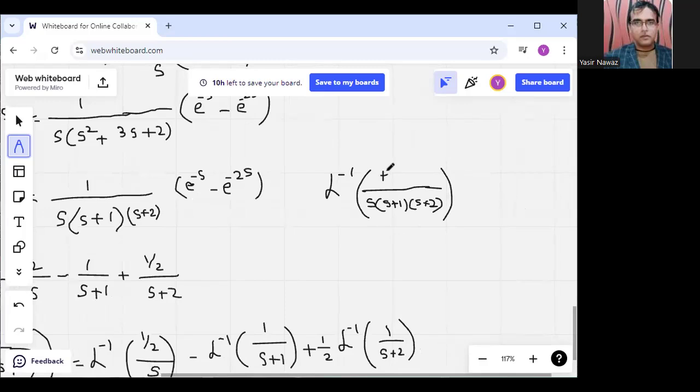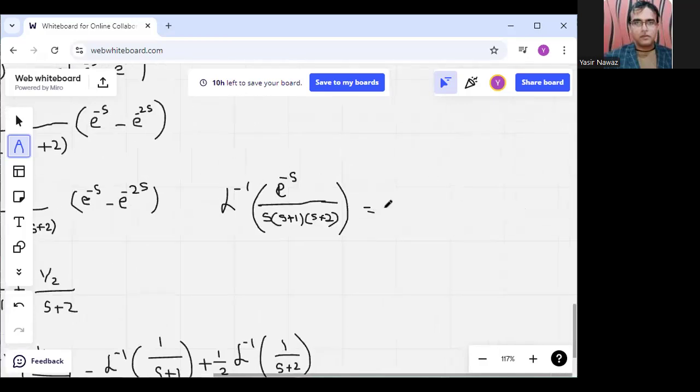So here if I write e power minus s, its inverse would be the unit step function u of t minus 1. Because of this e power minus s, its inverse would be u of t minus 1, and then the Laplace inverse of F of s.